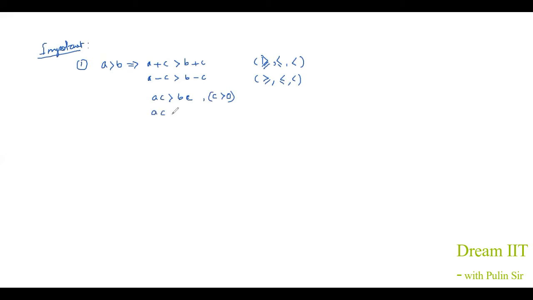But if you multiply with negative numbers, then the inequality will get reversed. For example, suppose 2 is less than 3, and you multiply both sides by -1, then you will get -2 and -3. Now you see, the inequality gets reversed because you multiplied by a negative number.